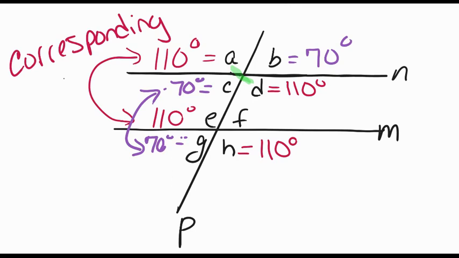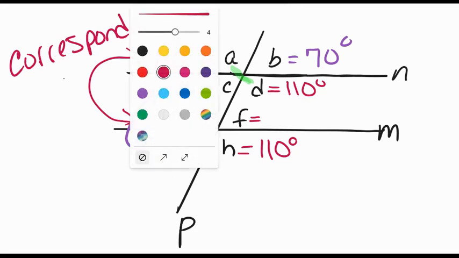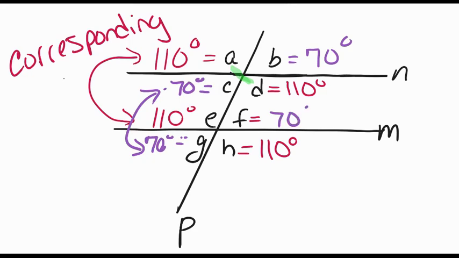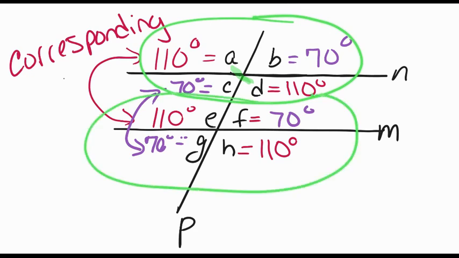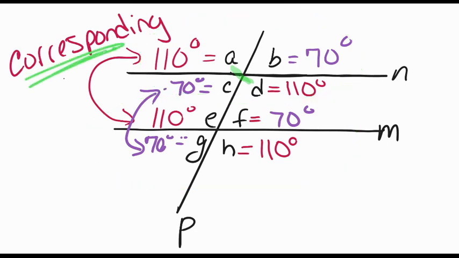And F corresponds with B because they're both in the top right. So that's going to be 70 degrees. Notice they're all either 110 or 70 degrees, nothing in between. So this looks exactly like this, and corresponding angles mean they are in the same location.